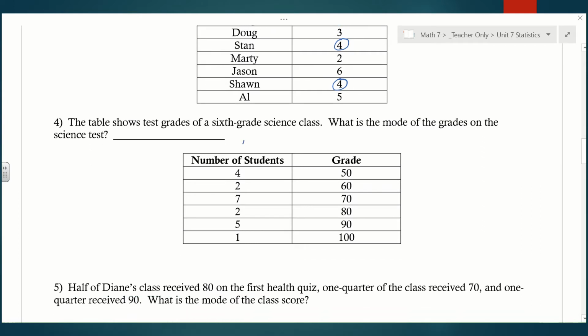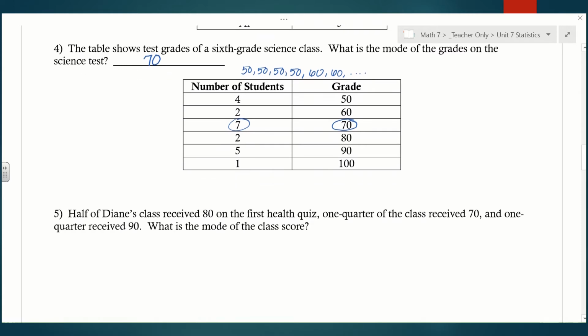If I list out all the grades in the class, I would have 4 50s, 2 60s, and so on. So if you think about it like that, what grade shows up the most in the class? It would be a 70 because 7 kids got that. So 70 was the most common grade, and so that is our mode.